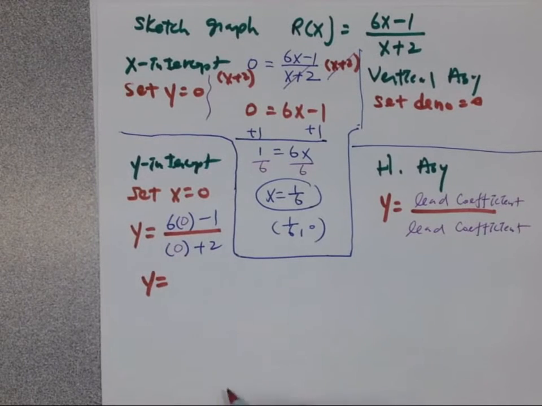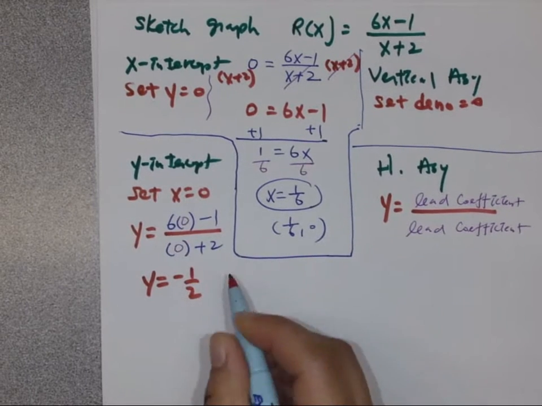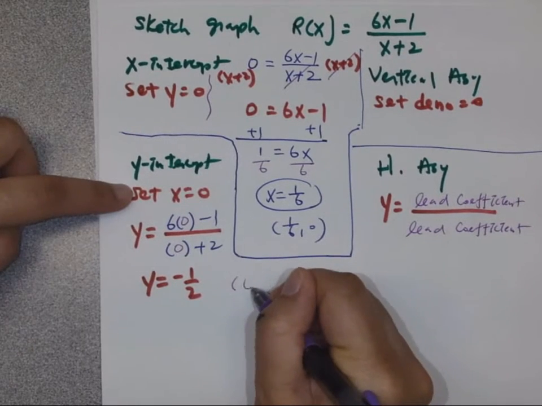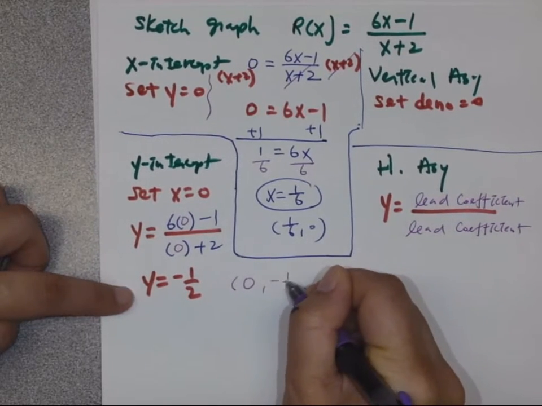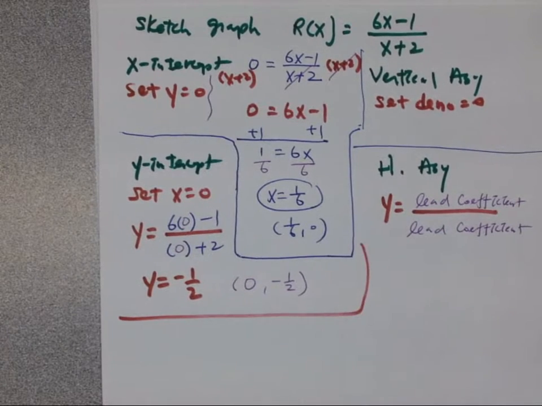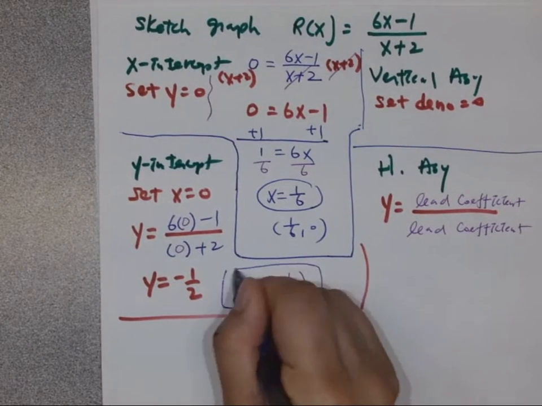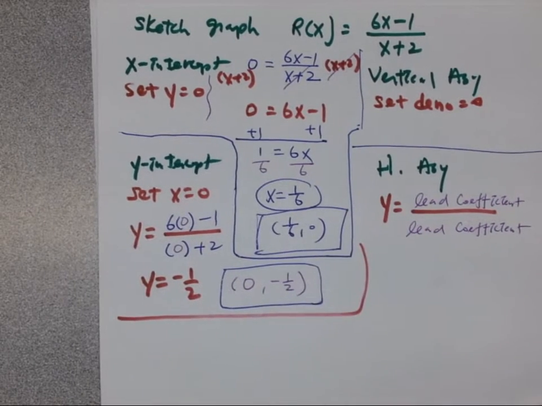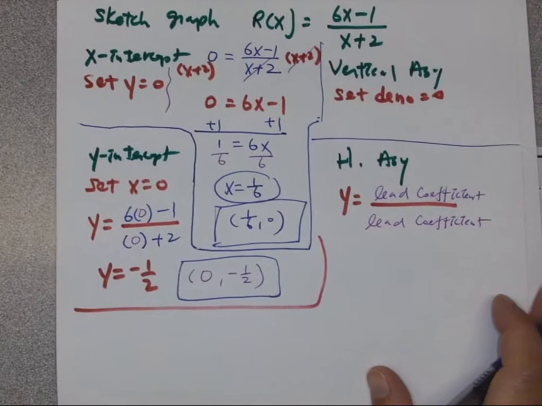Y equal to -1/2, very good. So the y-intercept is when x equal to 0, y equal to -1/2. Okay, a little bit messy, this one.